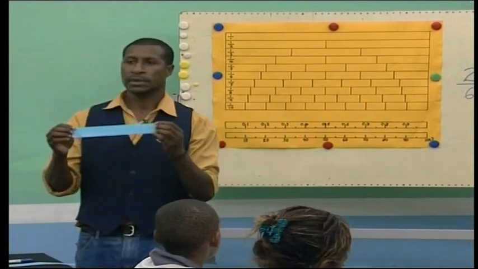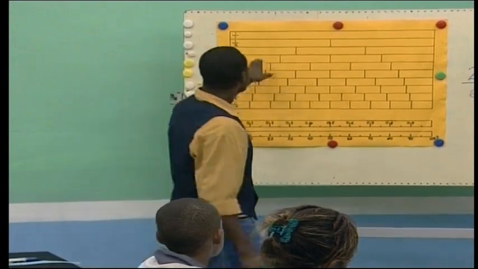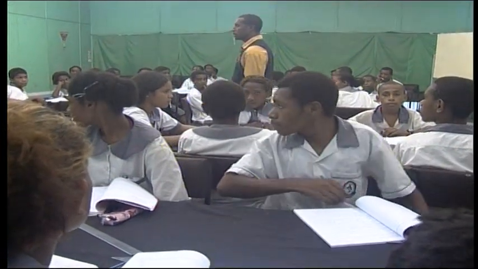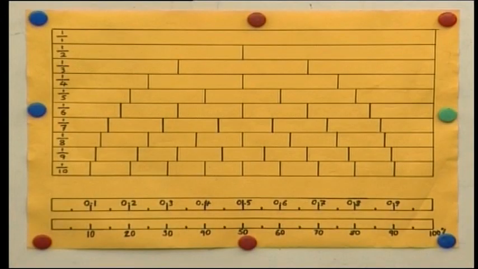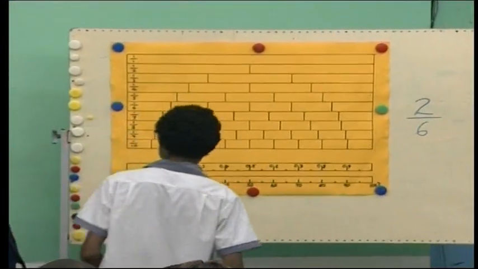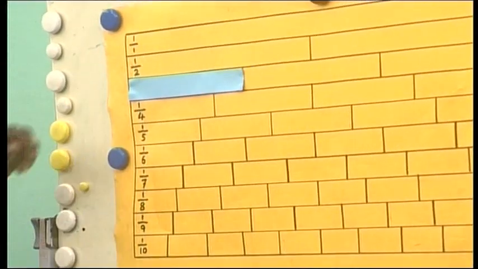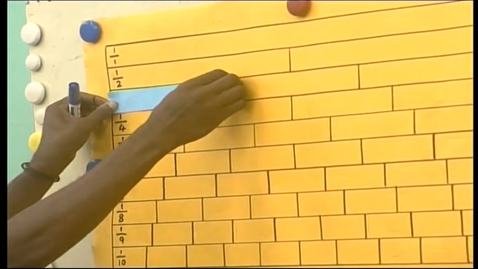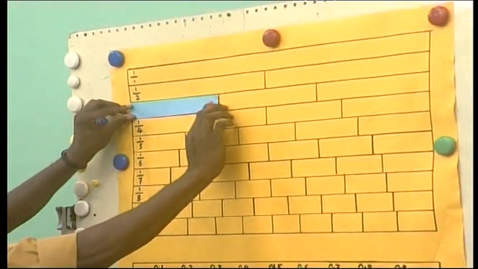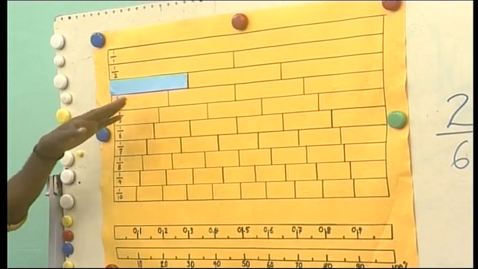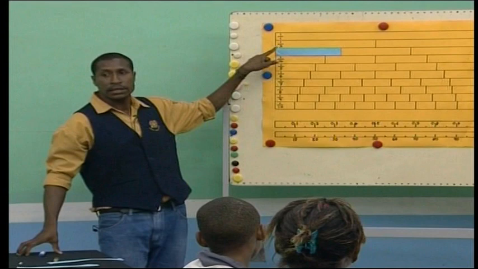Can I have someone identify 1/3 on this fraction wall? Okay, let's have our friend here. Very good. Now, class, our friend has identified 1/3. This is 1/3.